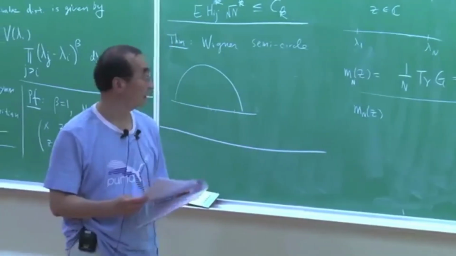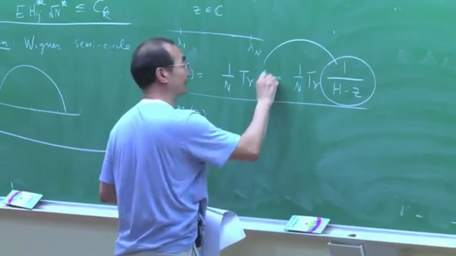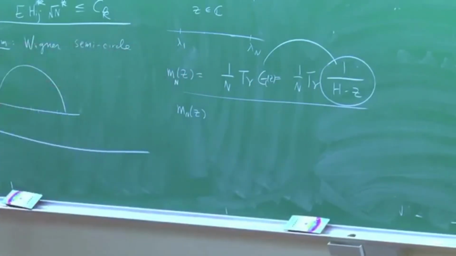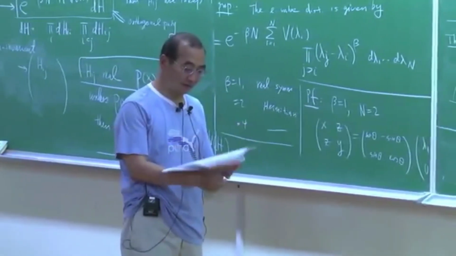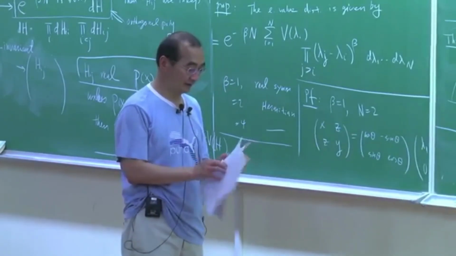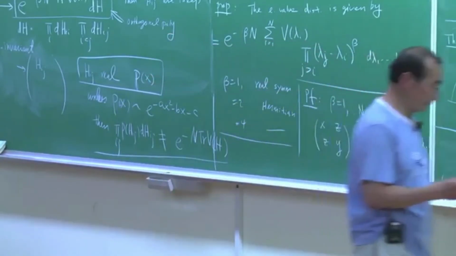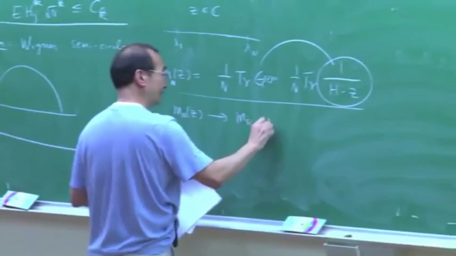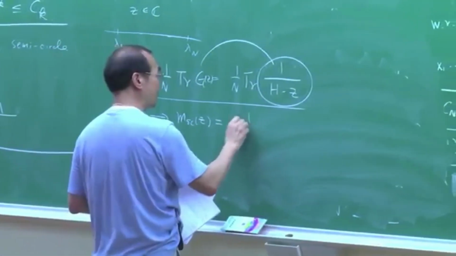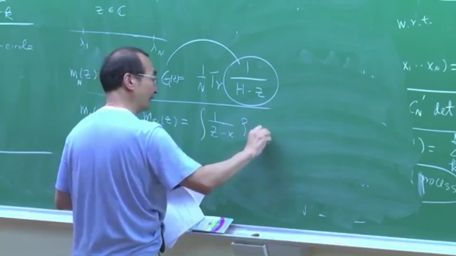G is this. This is a definition. So in my training, the Green function is almost always the quantity you want to study. And now m_n(z) will converge to m_sc(z). The m_sc(z) is the integral of 1 over (x minus z) times the semicircle law dx.